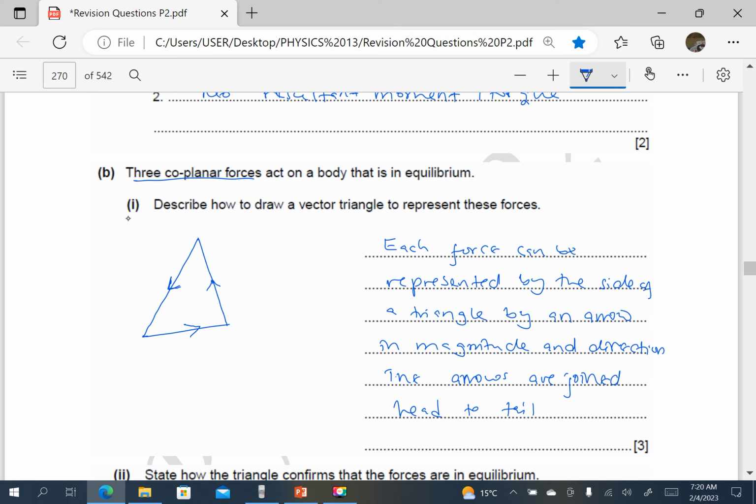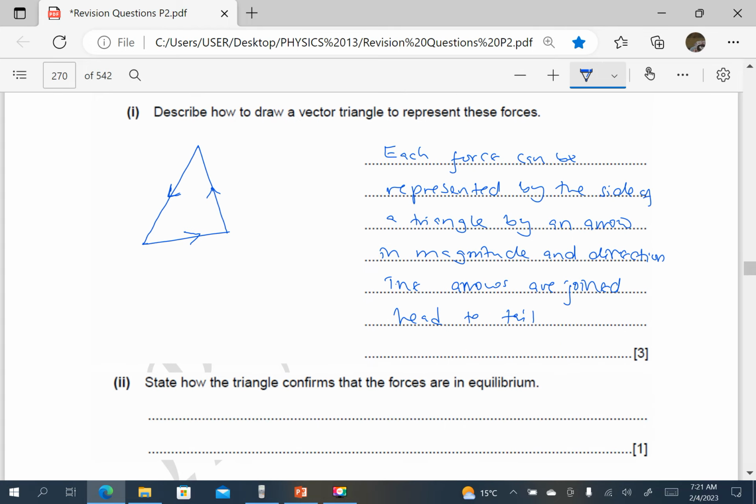So I could just draw the diagram without writing anything because the diagram tells everything. The triangle is closed, the arrows are joined head to tail, so those forces are actually in equilibrium. State how the triangle confirms that the forces are in equilibrium.